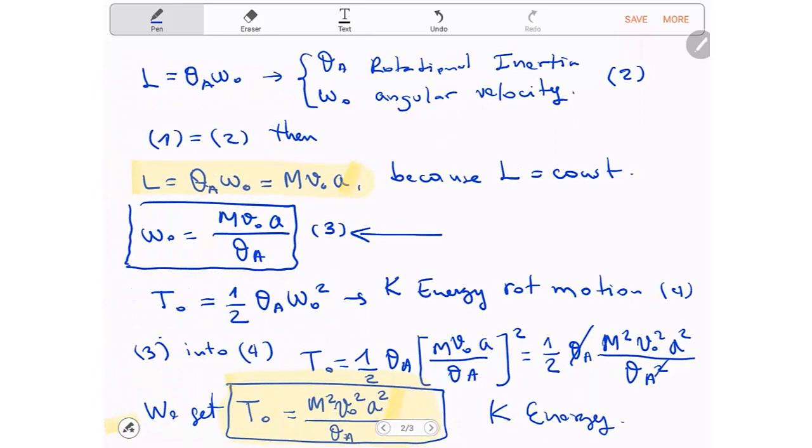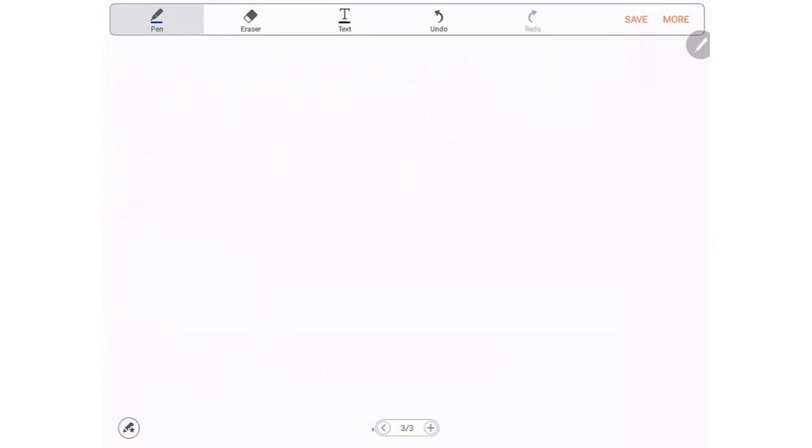Okay, we do the conservation of the energy of the situation. Let's write the difference between the energy at the final point and the initial point.